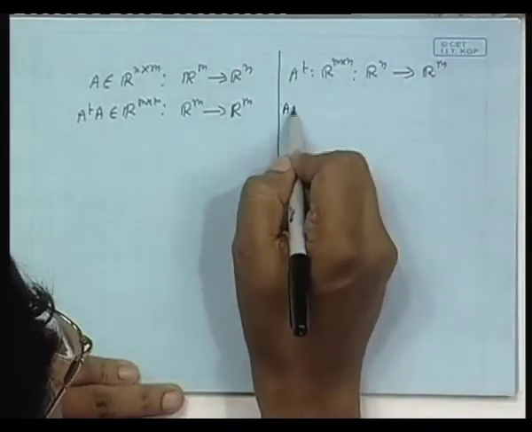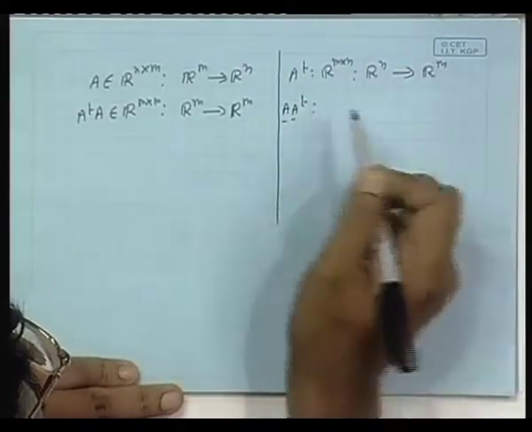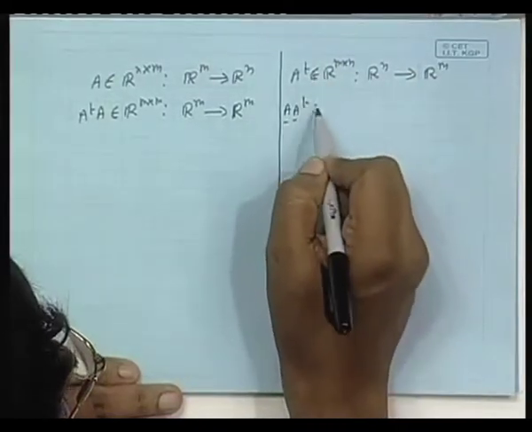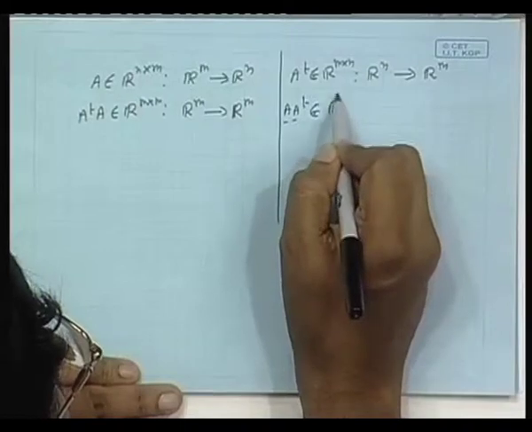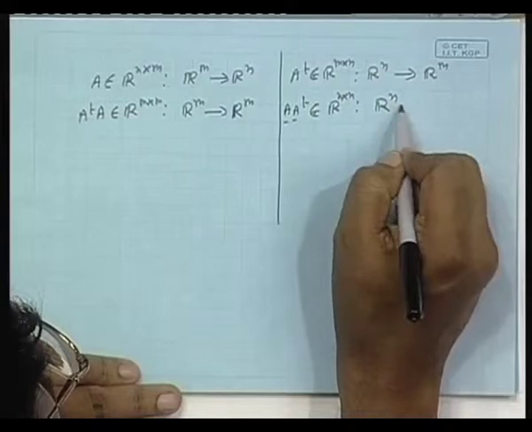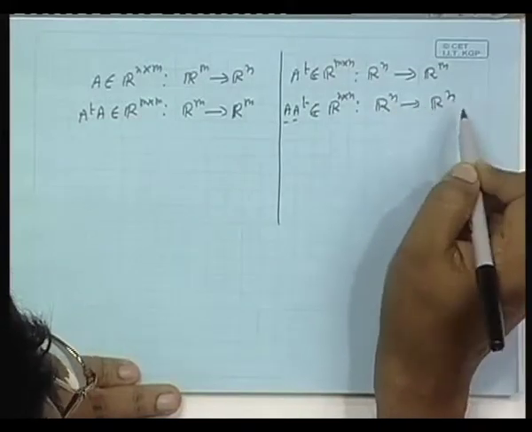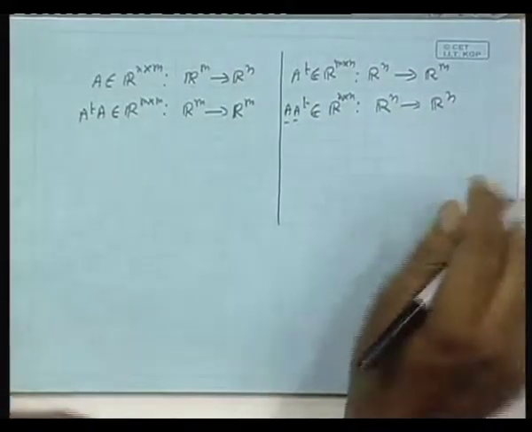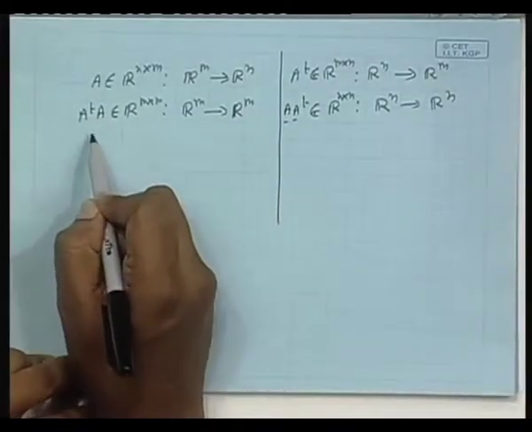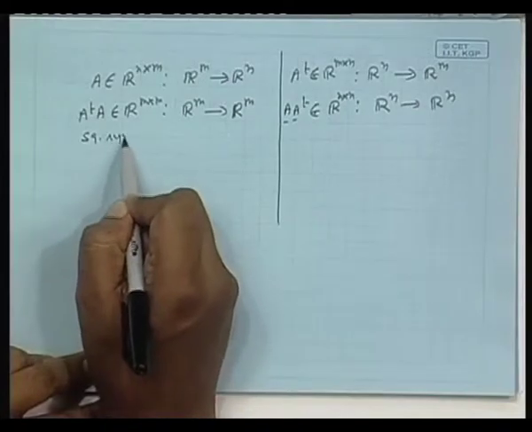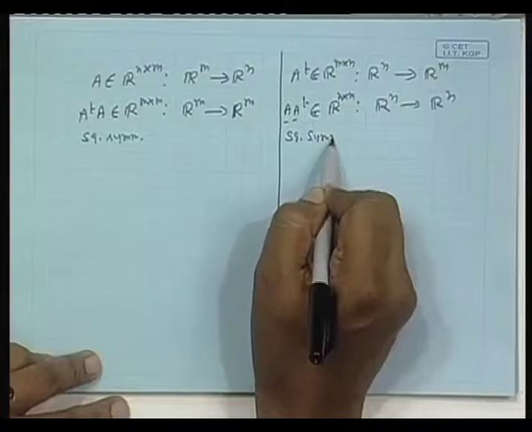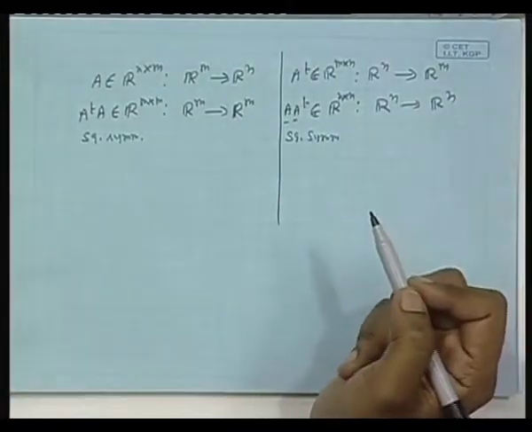Similarly, on this side, A A transpose is n cross n, this maps R n to R n itself. These are all square symmetric matrices. Real symmetric matrix, Hermitian matrix actually, square.